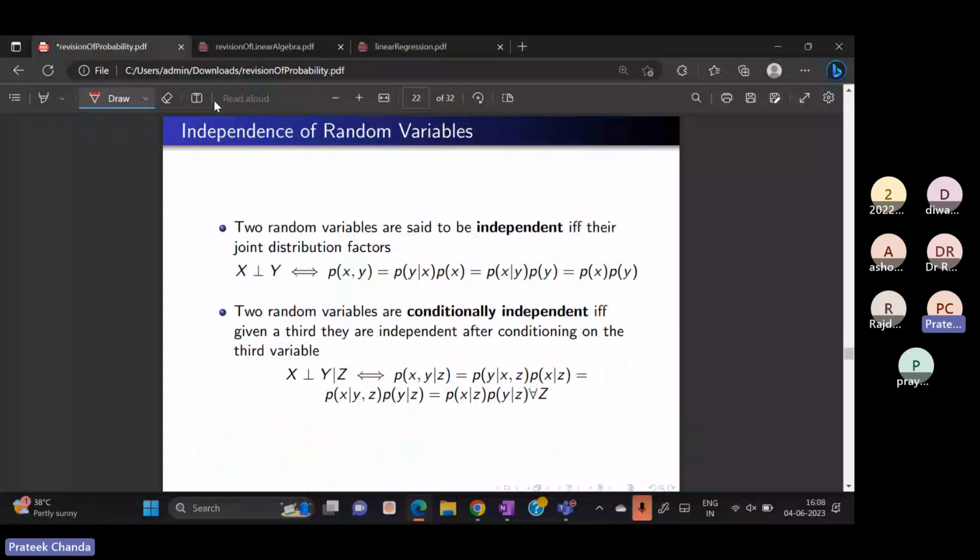So now we saw independence of events. Now we have independence of random variables. Let's say x and y are two random variables, and this would again come into the picture when we discuss probabilistic graphical models.